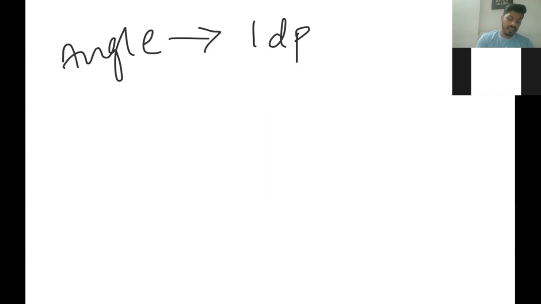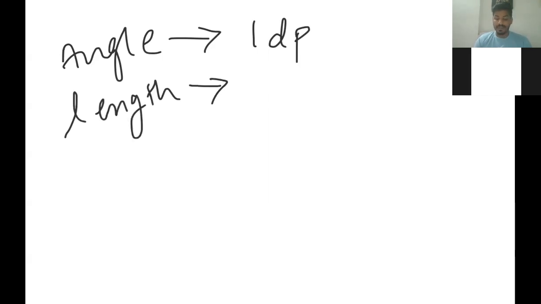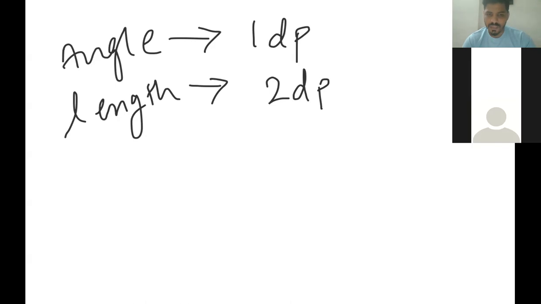And if you are measuring any kind of length, that can be two decimal places max, not more than that. Is this clear to all of you? Understood? Yes, sir.